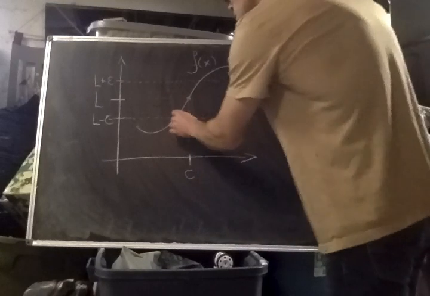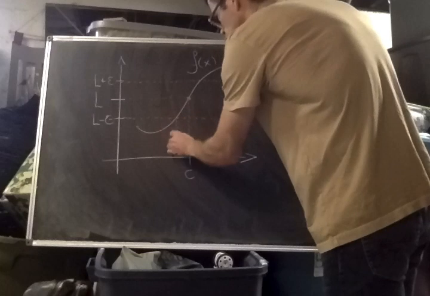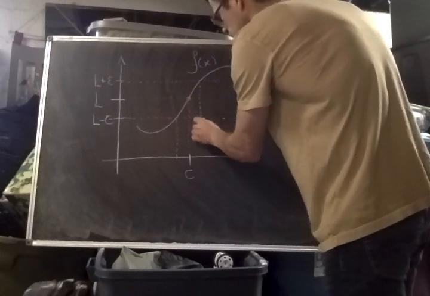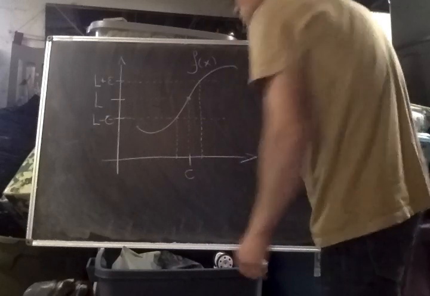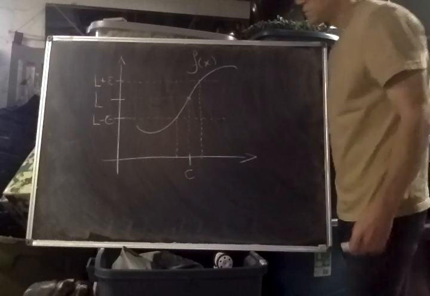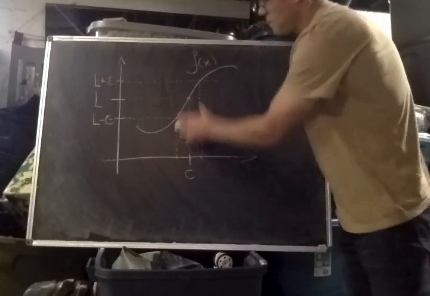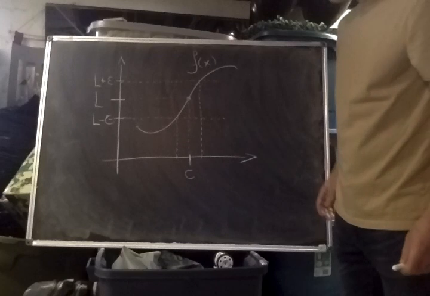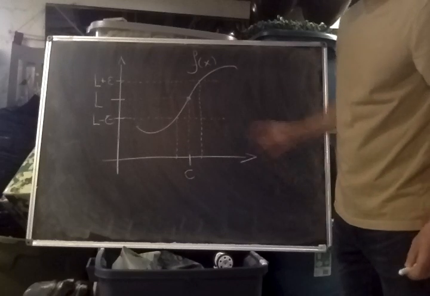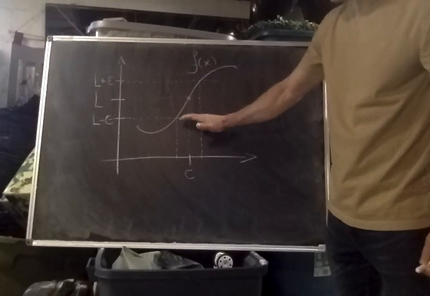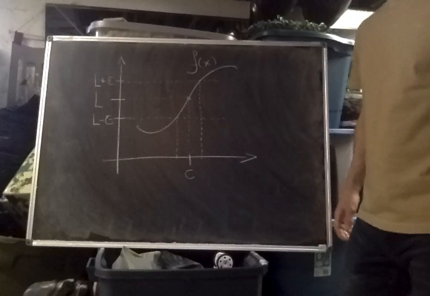So maybe, by looking at this picture, you could say that roughly, if your x value is somewhere in this vertical tube here, then if you go up to the graph of the function f of x, all of those function values will lie inside the prescribed horizontal tube from L plus epsilon down to L minus epsilon.